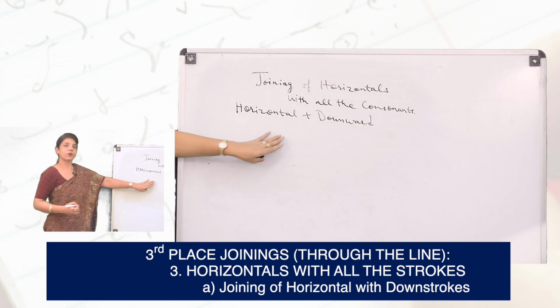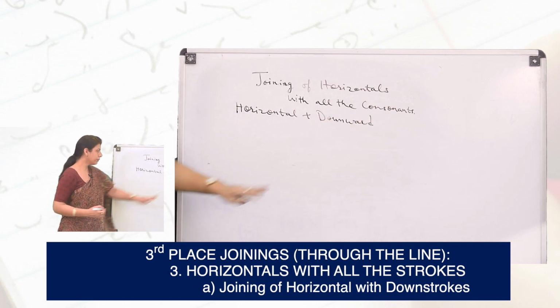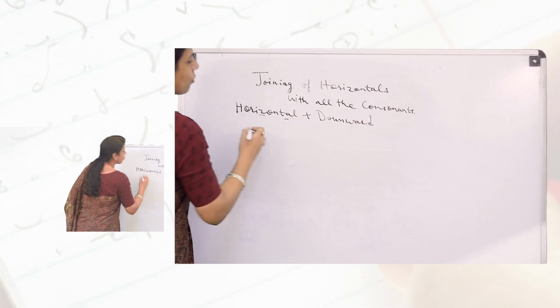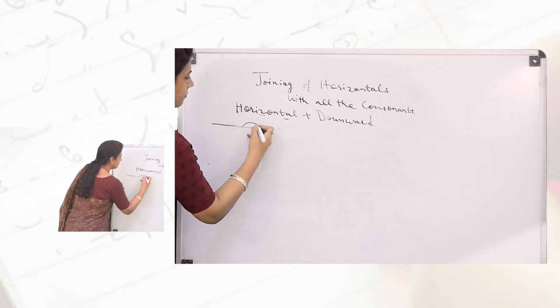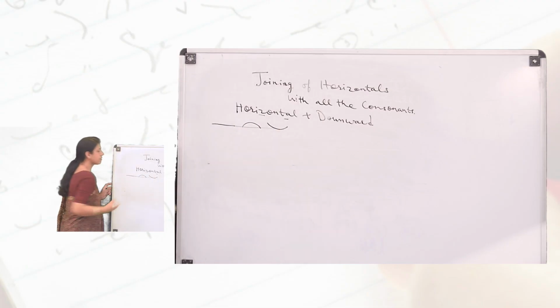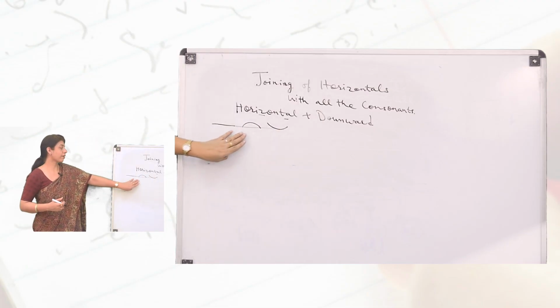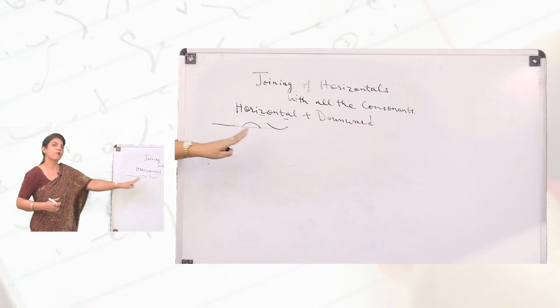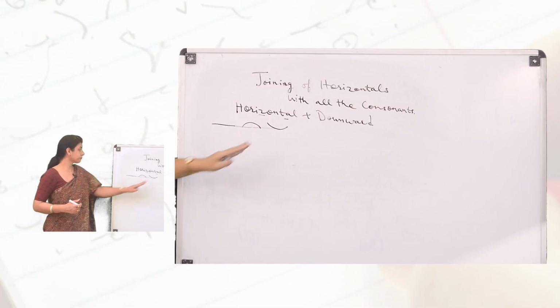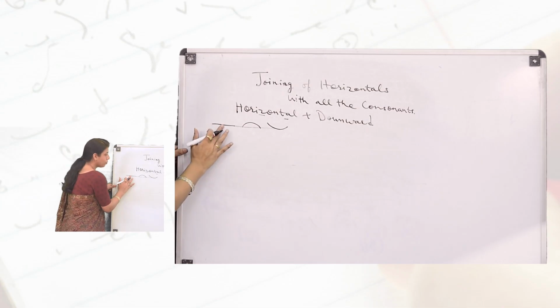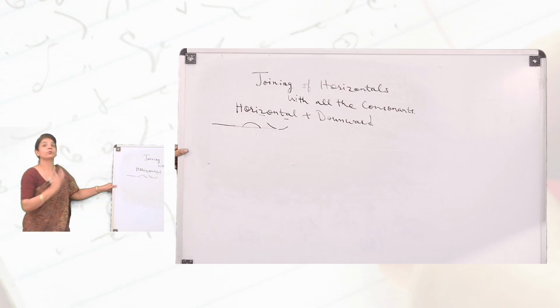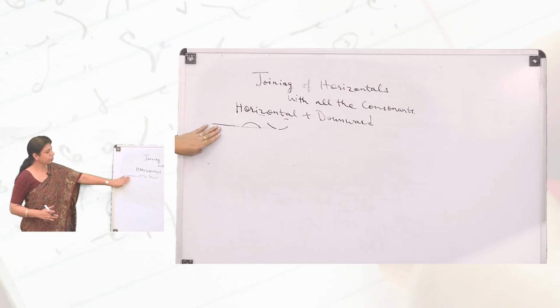Now, when we join horizontal and a downward, now see, horizontal stroke is always from left to right. It is written like this, whether it is a straight or curved, but it has to be in forward direction from left to right. So it is not possible in any way to write horizontal consonants through the line.